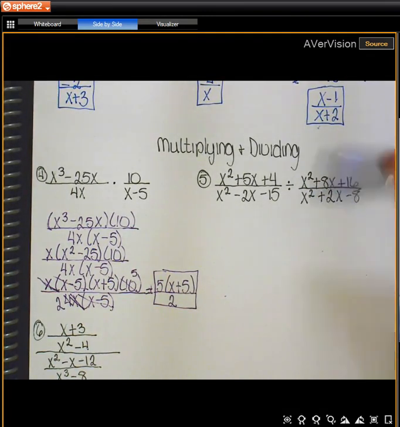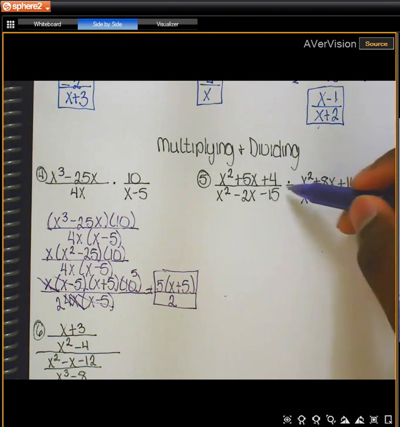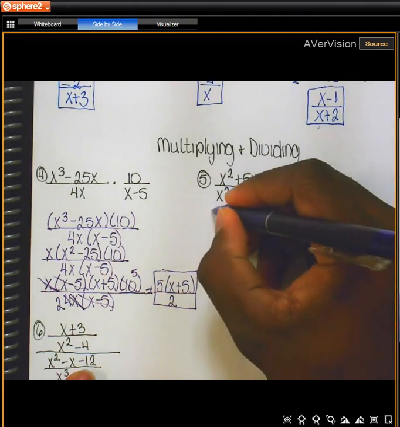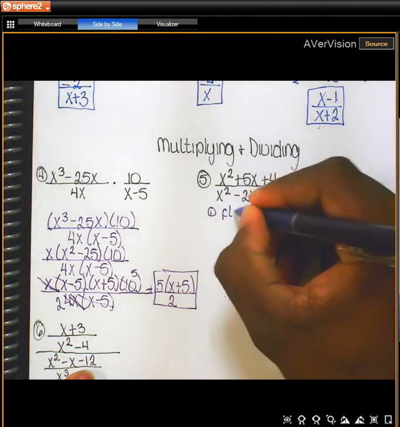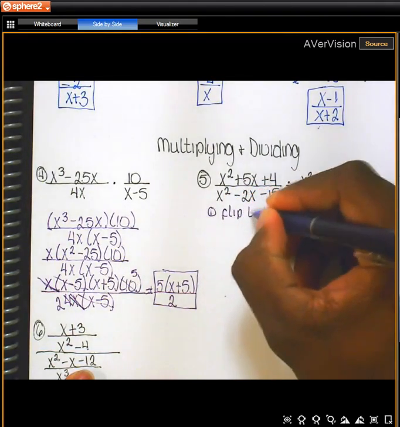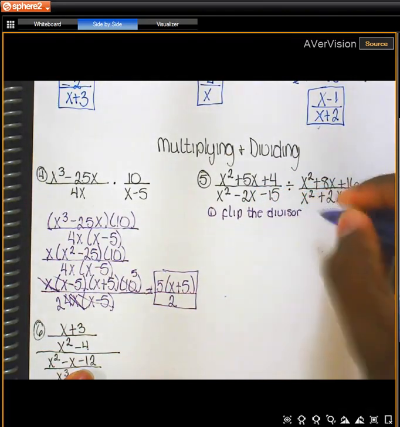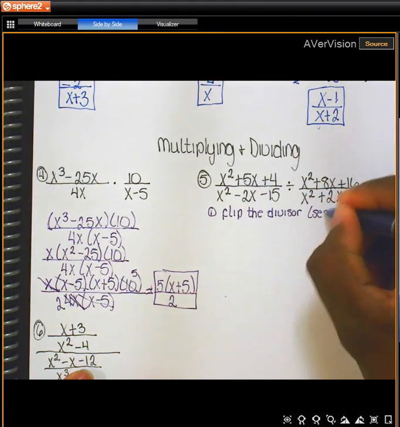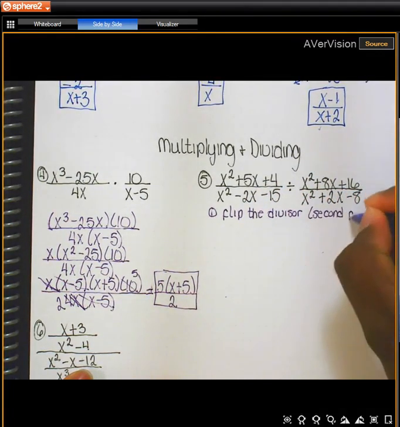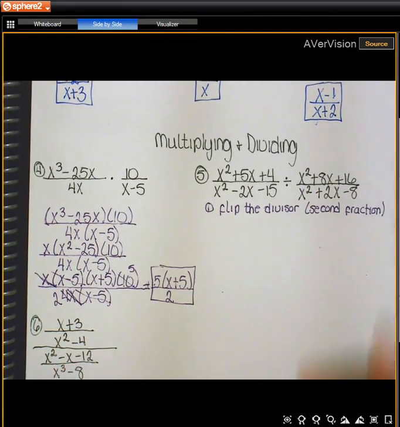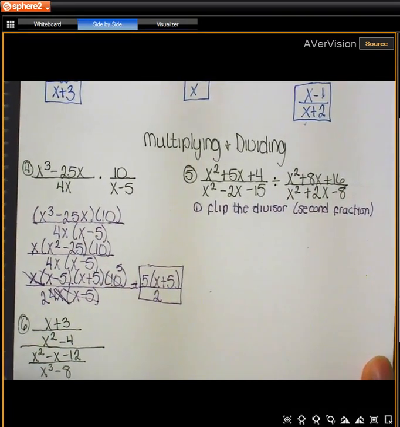Dividing. Do you remember what you're supposed to do for dividing? Yes. So division is the same as multiplying by the reciprocal. So we start by flipping the divisor, which is what we're dividing.